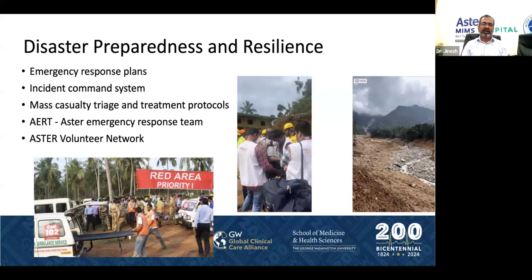And above that, we have teams like the Aster Volunteer Network, who are not actually staff or employees of the group, but common public who are enrolled into the network, who render a lot of service to the community in times of disaster, not just for treatment of people, but also taking a big role in the transfer of patients and taking care of the other patients. Next slide, please.